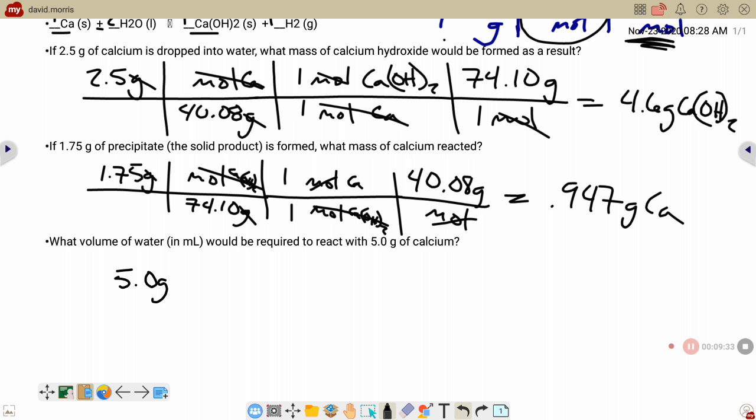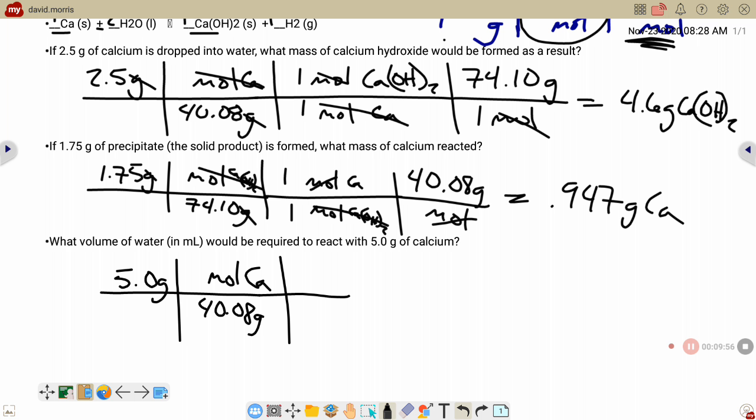So I got to change grams into moles. What's my molar mass for calcium again? And do I multiply or divide by that? Divide. That'll give me my moles of calcium, right? So now I need a ratio. What is my ratio again?